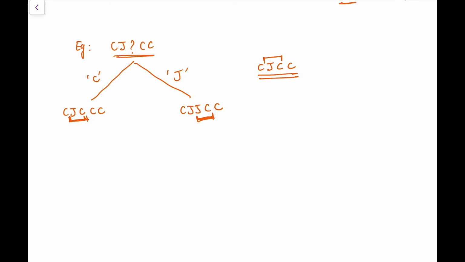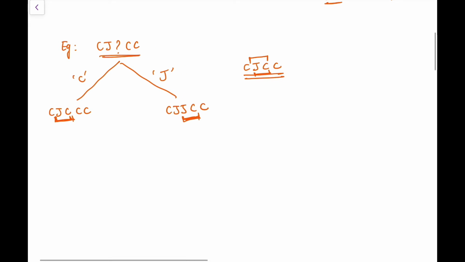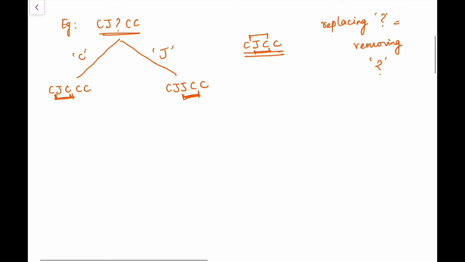If I remove the question mark also, JC occurs, right? So I can say that replacing question mark is equal to removing question mark, right? So this is the main idea of this question, that we have to construct a string that is a replica of this string but it doesn't have any question marks.